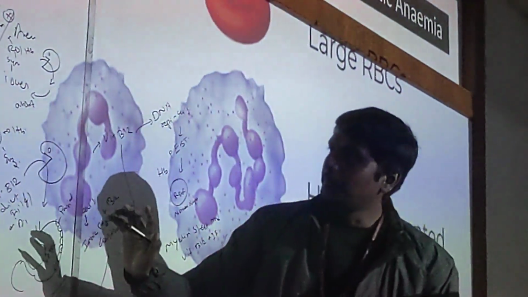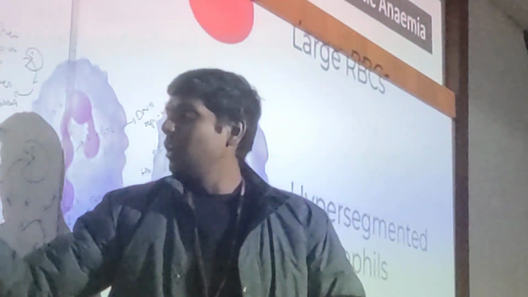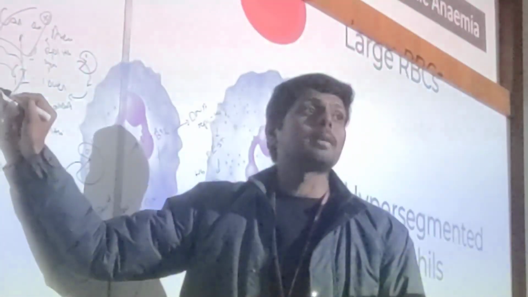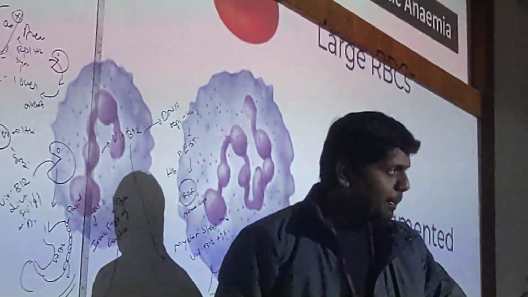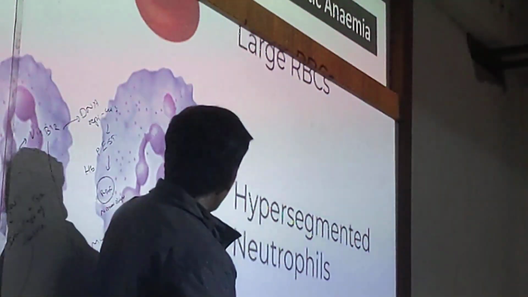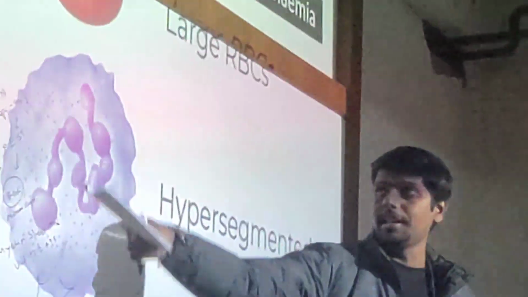Okay, listen, my point is, when there is an issue with B12, overall cells will get affected, not only red blood cells, but also white blood cells. In white blood cells, multi-segmented or hypersegmented neutrophils will be seen in megaloblastic anemia.